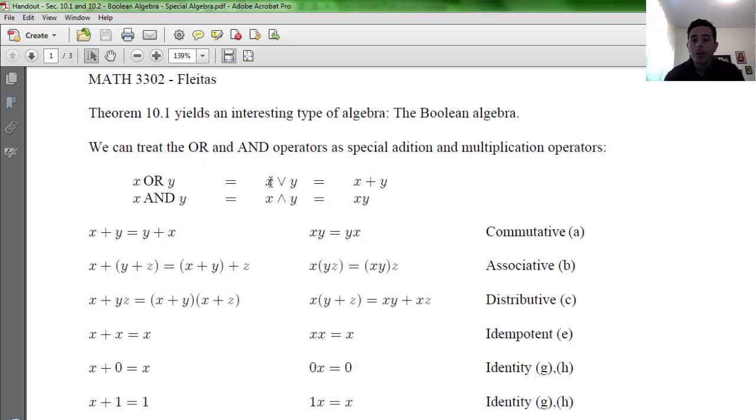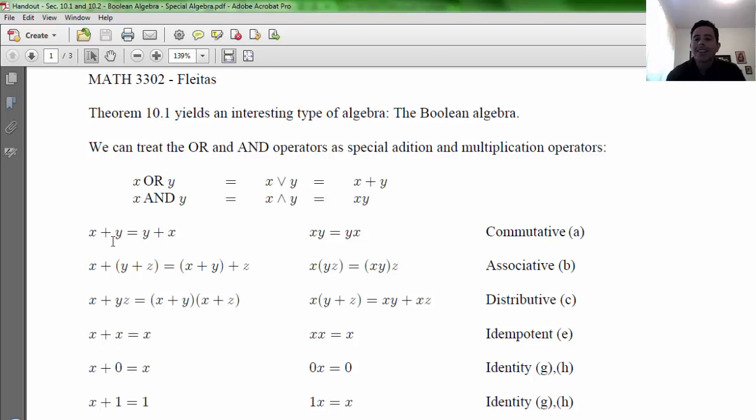So here in the book, you will see these symbols, the caret and the caret upside down. But in this handout, I replaced them with the plus and the multiplication sign. So here's one of the properties, the commutative property.